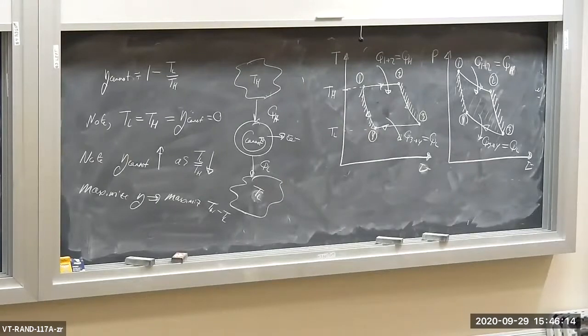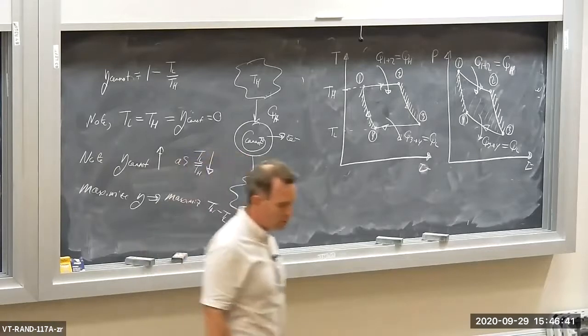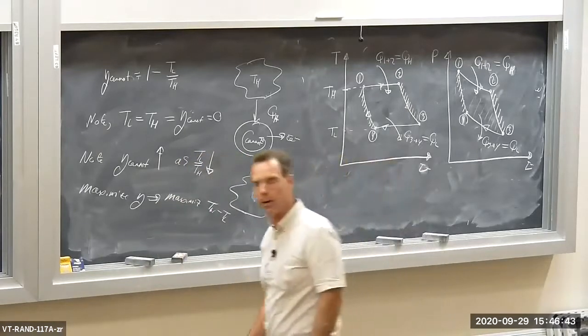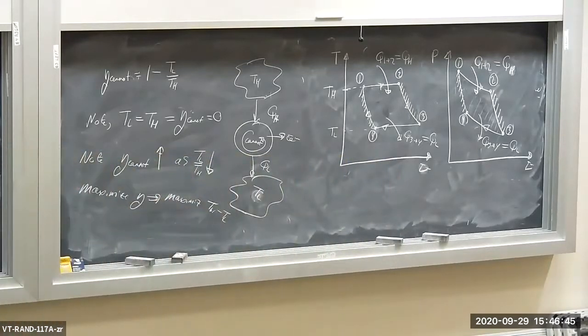Then we have isothermal compression at temperature T low, and that results in heat being rejected to the low temperature reservoir, and that goes from 3 to 4. And then we have adiabatic compression back up to state 1, insulated. Okay, so if you do any problems with the Carnot cycle, you need to put up a TV diagram to keep track of what's going on.